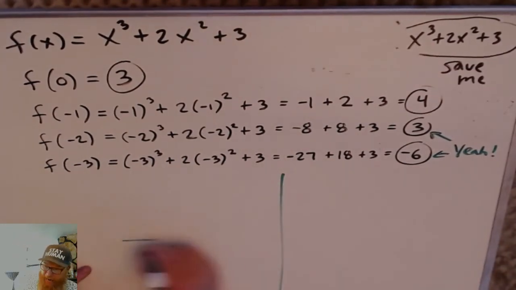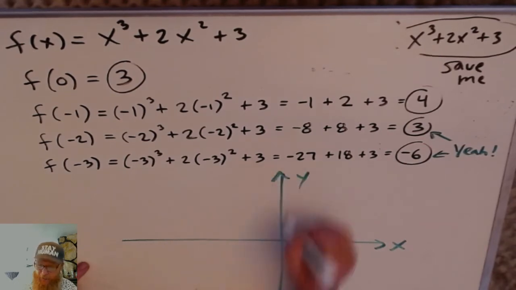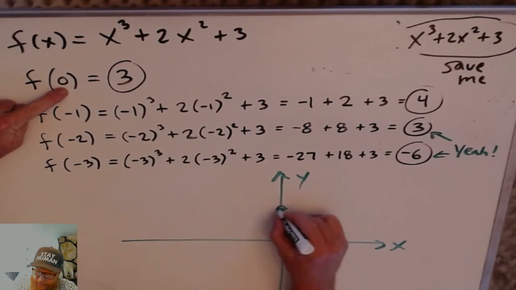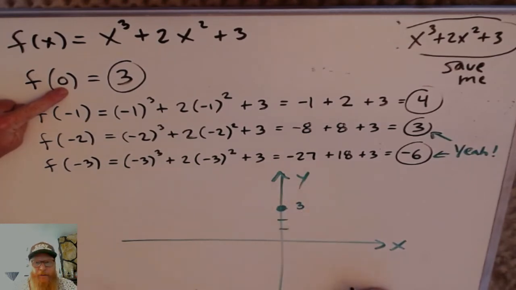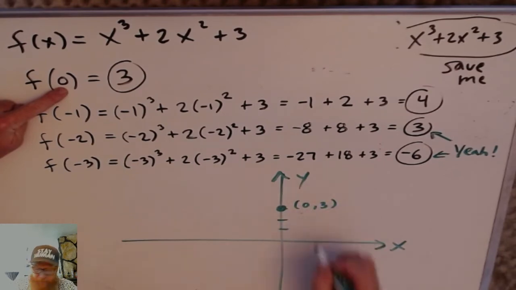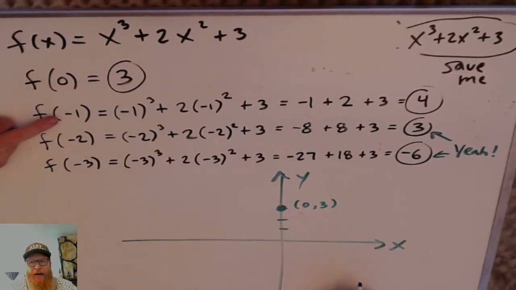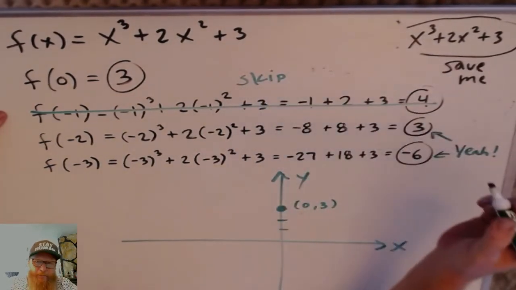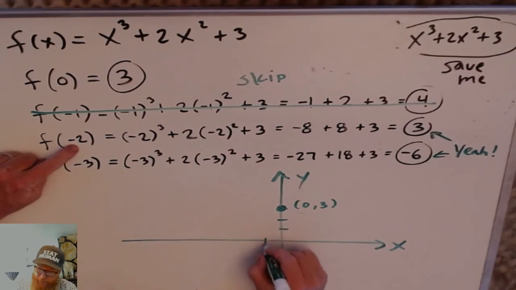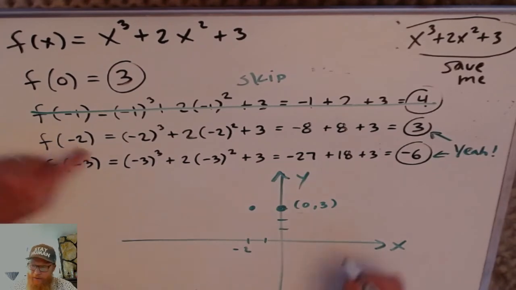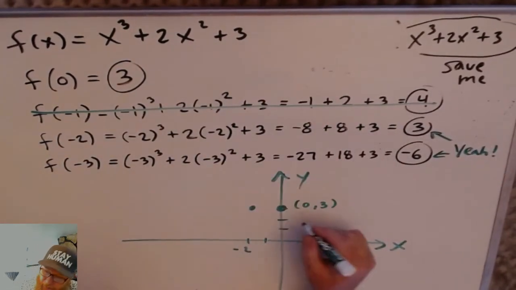So look what just happened. Here's my x, here's my y. I've got 0 and 3. Let's go to this one. Negative 2 and 3. I don't want to skip that one.